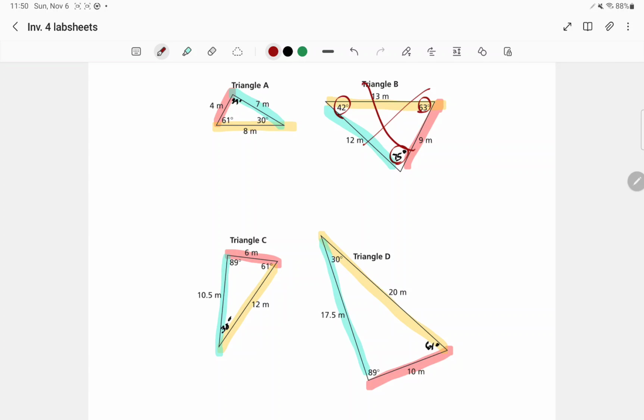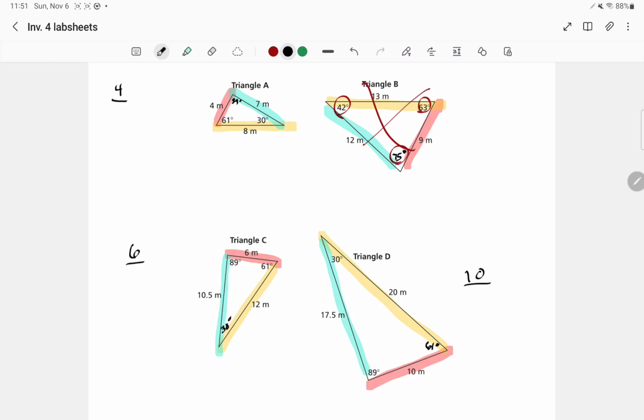Now let's look at the comparisons of corresponding side lengths. For example, for triangle A, let's compare the smallest to the largest. I highlighted all of the corresponding sides, so you can see the red, pinkish ones are the smallest. So I'm going to write all of the smallest: that's 4, 6, and 10.